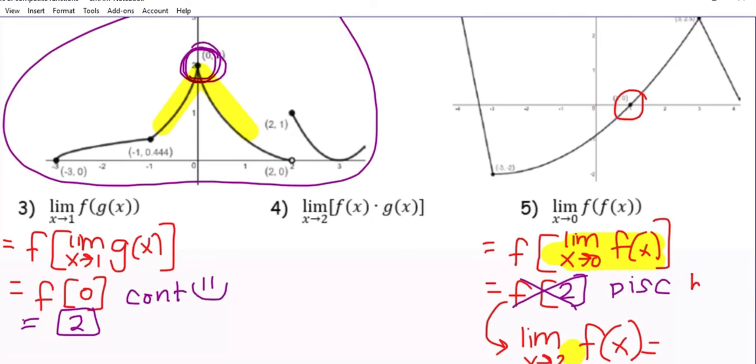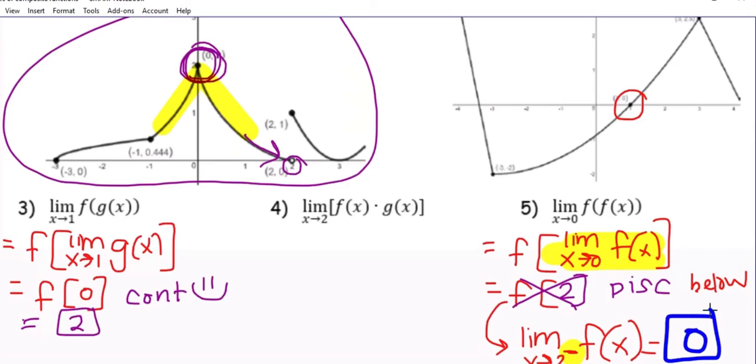And so because I'm coming from below, this becomes a left-hand limit. Below becomes a left-hand limit. Above would become a right-hand limit. And so the limit as x approaches 2 from the left. Let's look at my graph. Here's 2. Coming in from the left, my answer is 0.